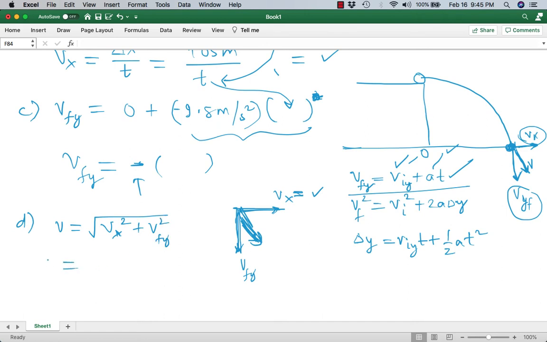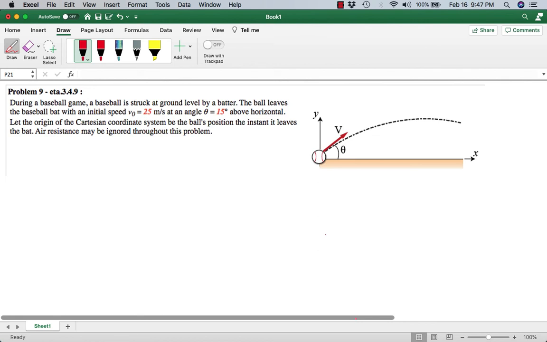That gives us the final velocity. So this is from part B, and this is from part C, but you need to square the values you get from B and C.